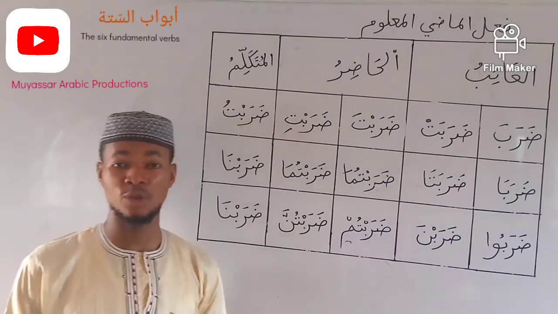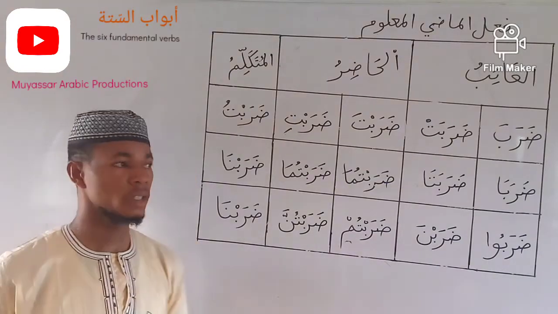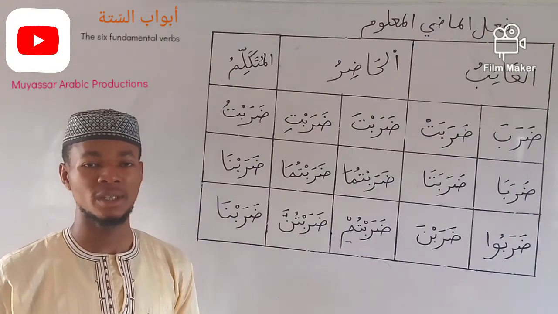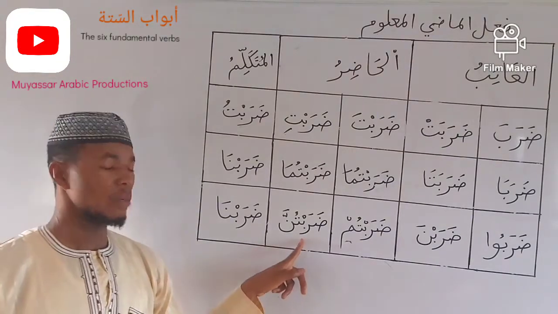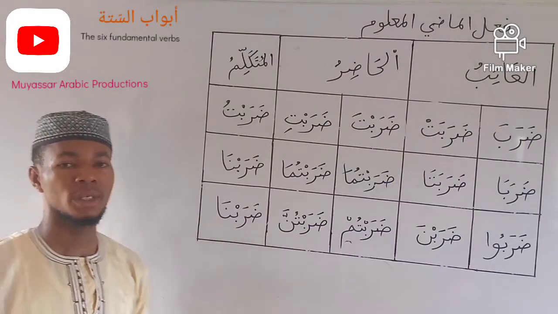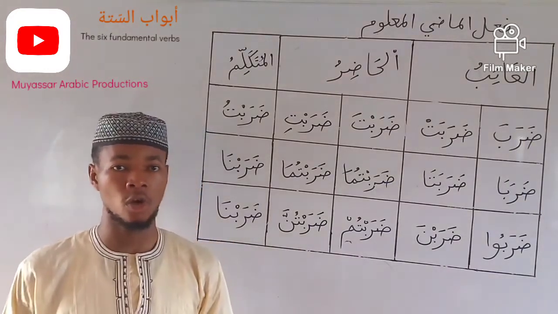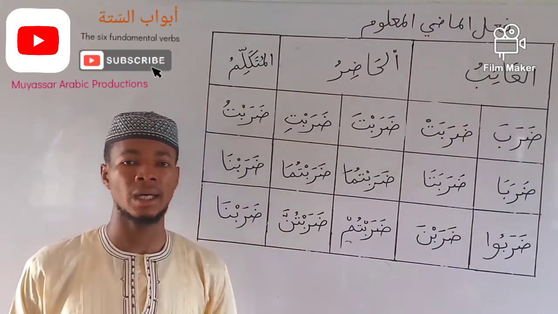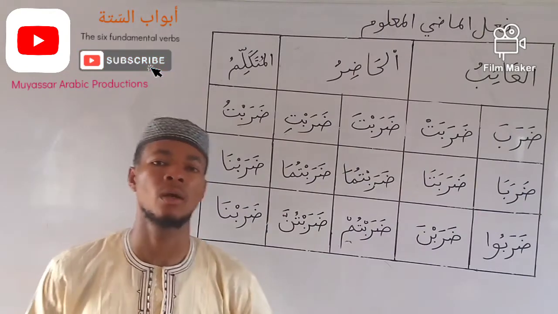Duribtum, all of you were beaten in masculine gender. Duribtunna, all of you were beaten in feminine gender. Then duribna, meaning all of us or we were beaten for both the masculine gender and the feminine gender.